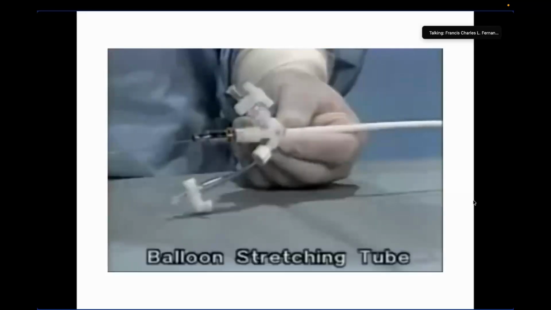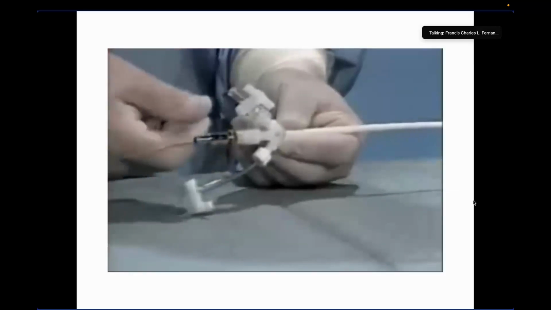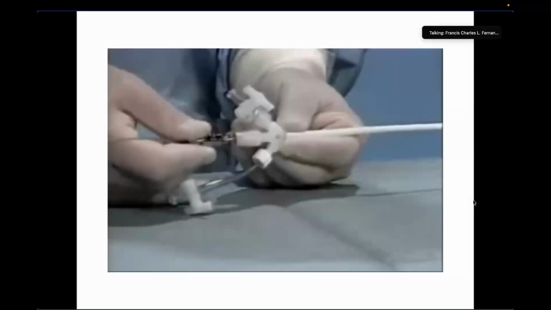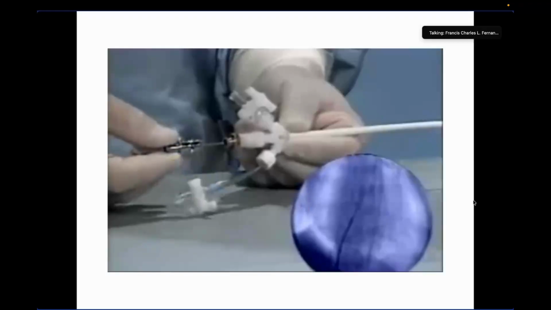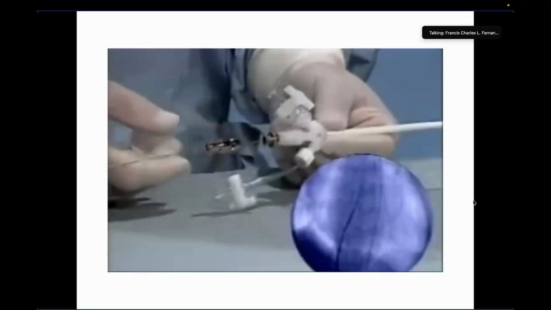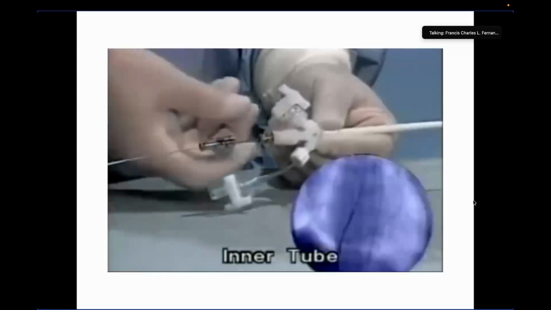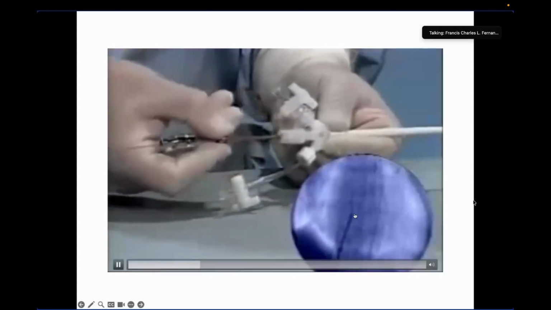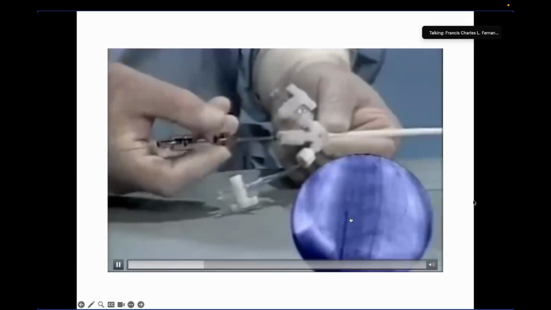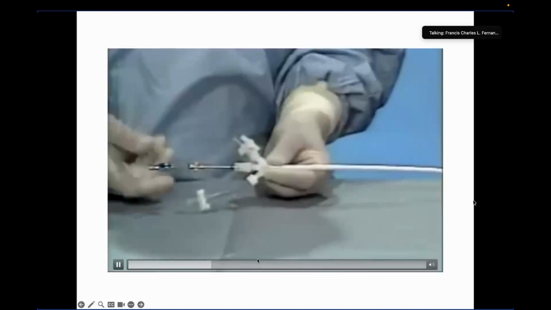You see, there's puncturing, balloon stretching tube, then after the puncture, because we will be placing the wire, you can see there's a straightening tube. It will poke the interatrial septum. So you have an inner tube. So the catheter here, it will poke the interatrial septum.